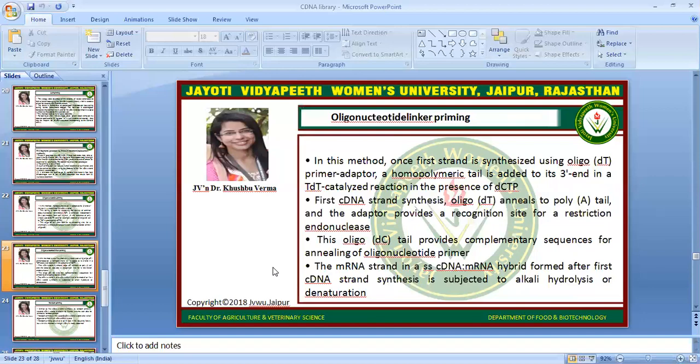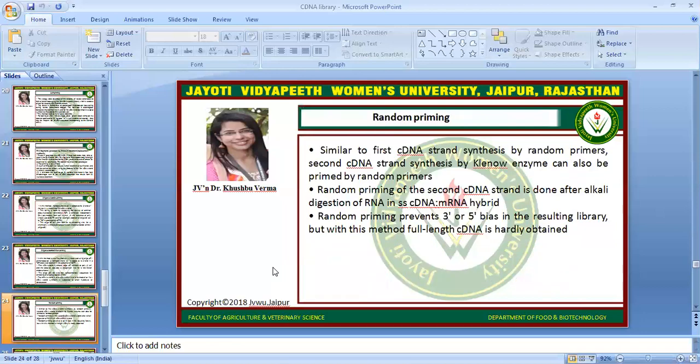This oligo-dC tail provides complementary sequences for annealing the oligonucleotide primer. The messenger RNA strand in the hybrid formed after first cDNA synthesis is subjected to alkali hydrolysis or a denaturation process.